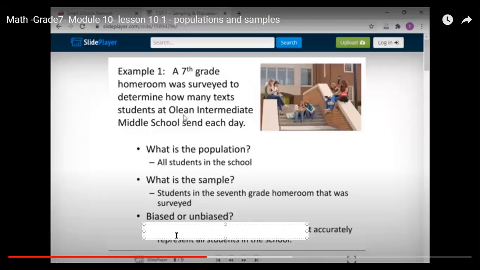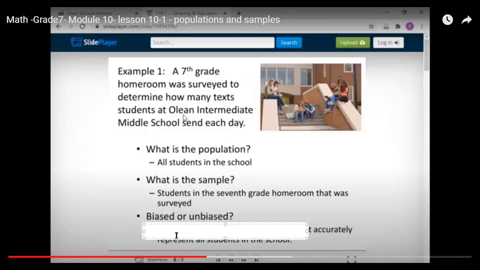We have to ask all the students so that we get a more accurate result. Or we can select random students from each class, to be fair. So it can be a sample, not the population.